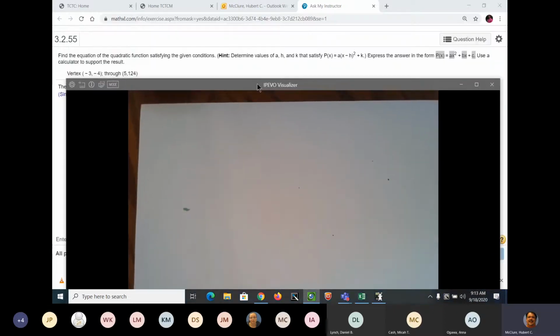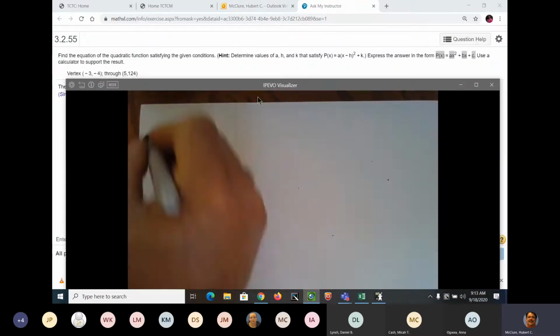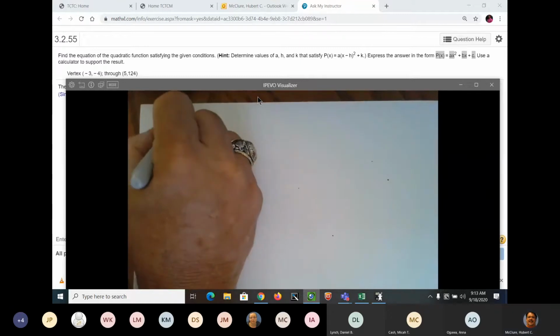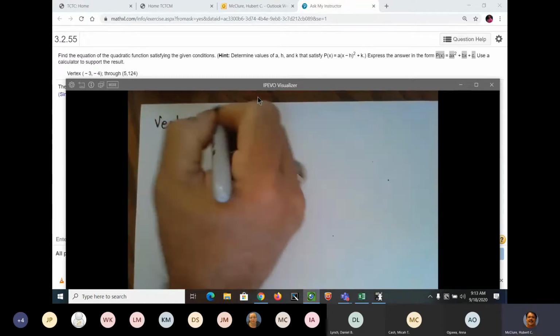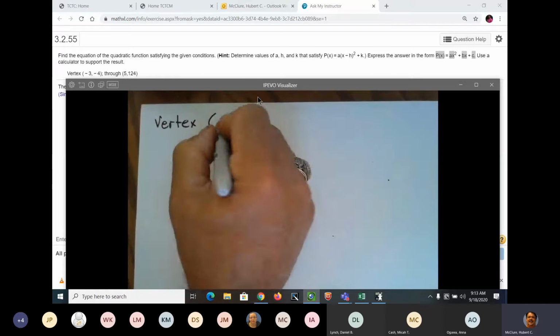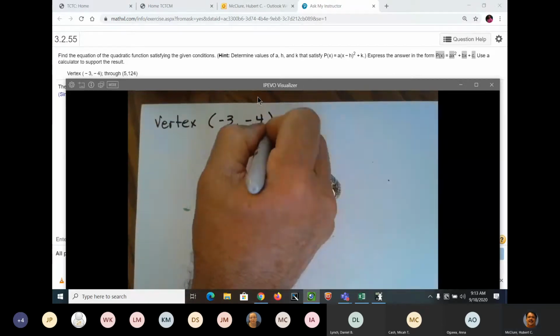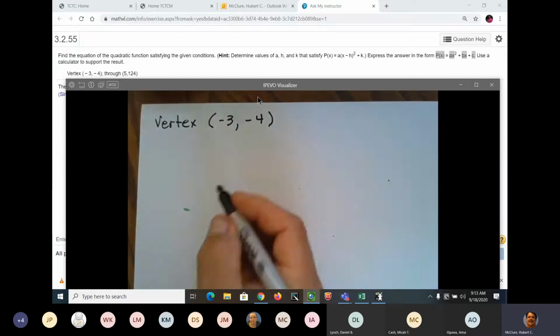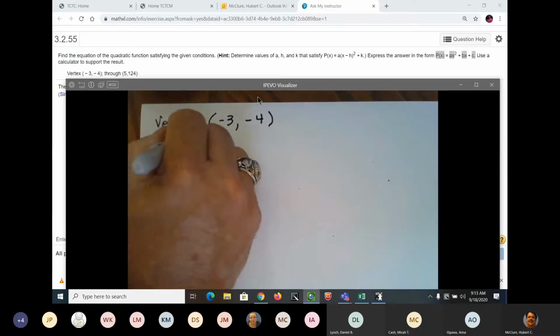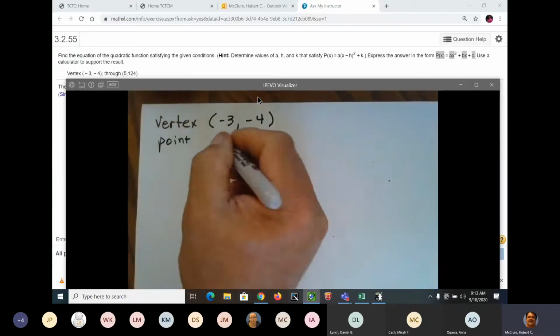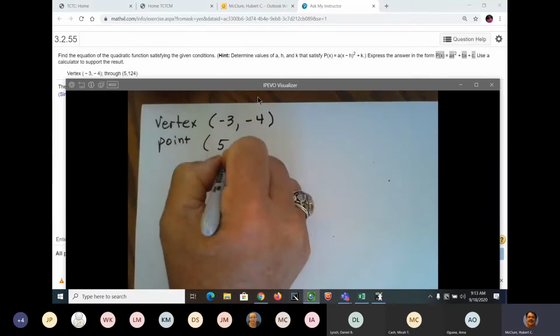So let's go ahead and pull up the handy dandy sheet. And let's write down our information. Our information is, we got a vertex of -3, -4. And it goes through the point 5 and 124.